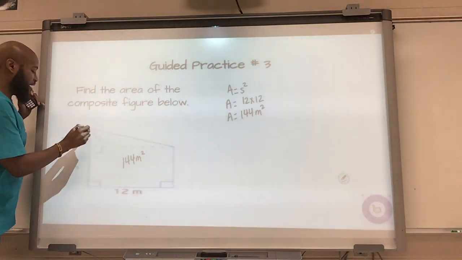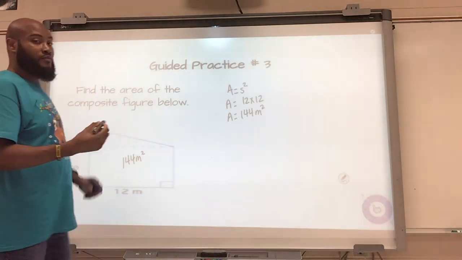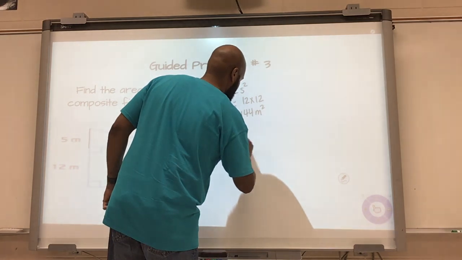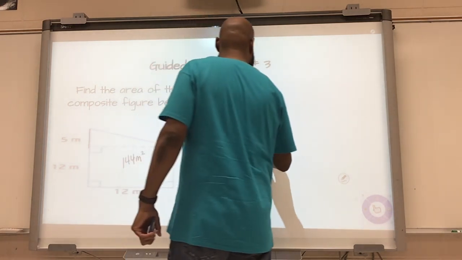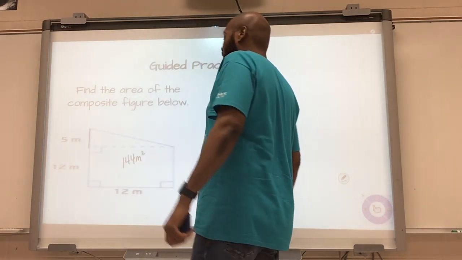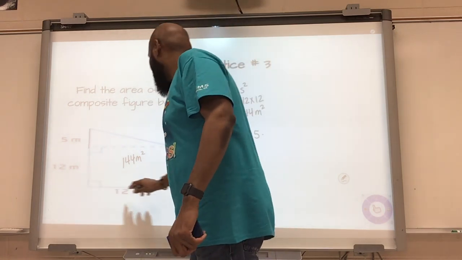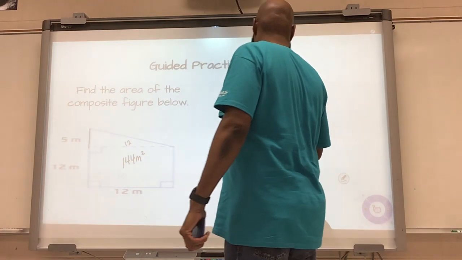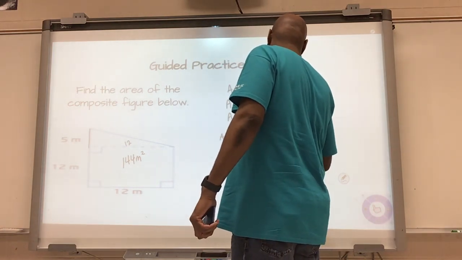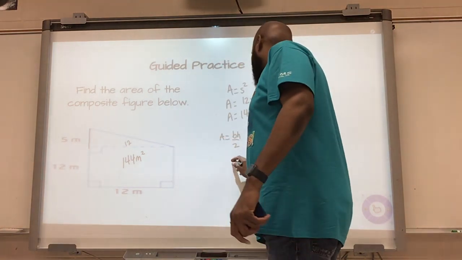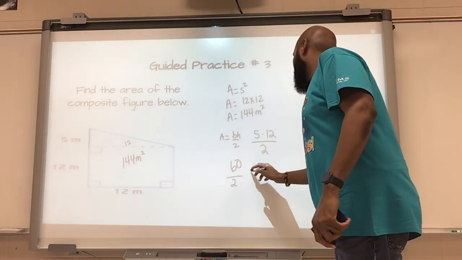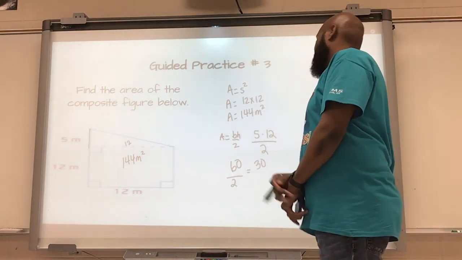Now we know that our base equals 5, so we apply our area of a triangle formula. Area equals base times height divided by 2. So the base is 5, and if this is 12, then our height will be 12. 5 times 12 divided by 2. 5 times 12 is 60, and we divide that by 2, and we'll get 30.